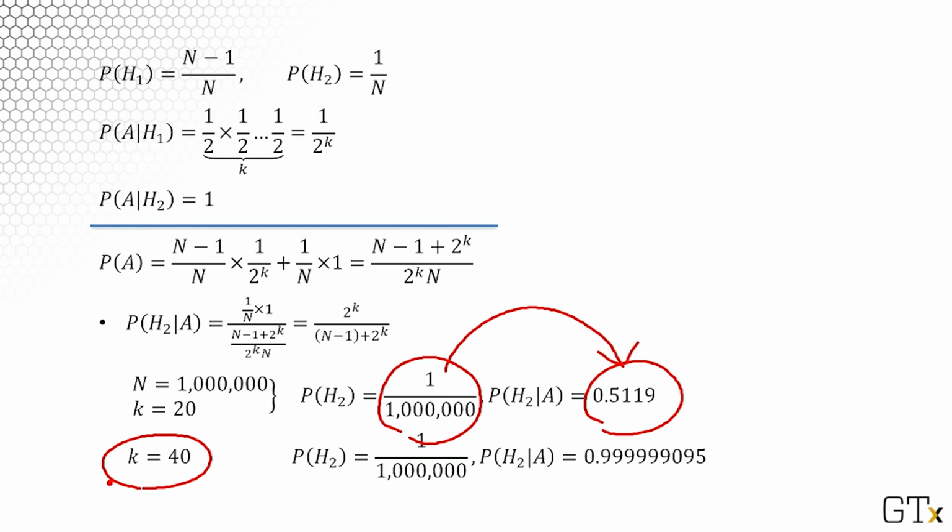Then the probability of hypothesis H2, prior 1 over million, got improved to the probability of an almost sure event. So after seeing 40 heads in a row, you can almost bet your life that you selected the two-headed coin, even though there is only one two-headed out of a million in the box.